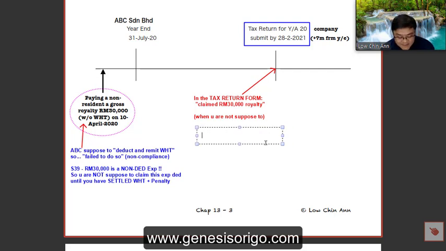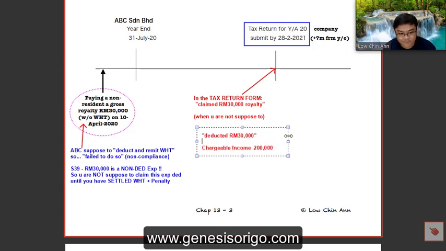Let's say my chargeable income is 200,000, and this is after you've deducted the 30,000. Assuming you're using the SME rate of 17%, your tax payable will be 200 times 17, so it's actually 34.